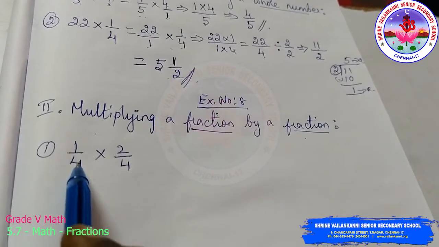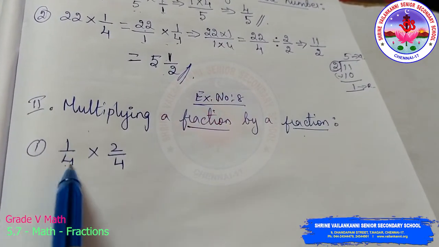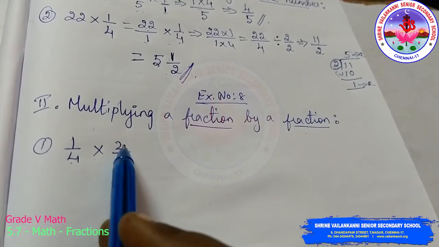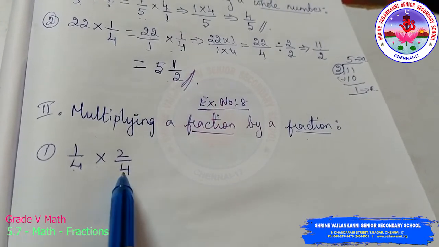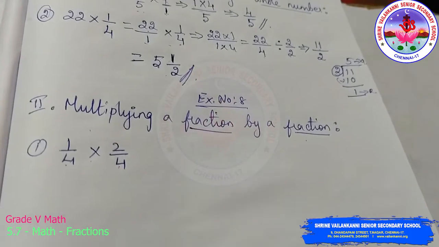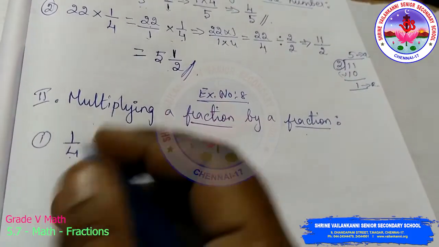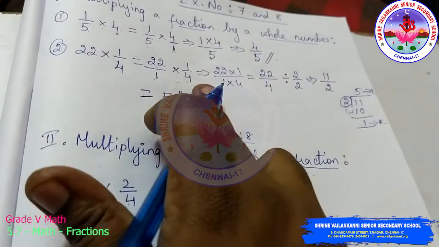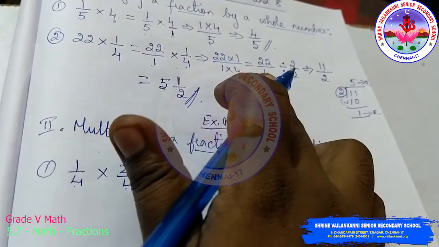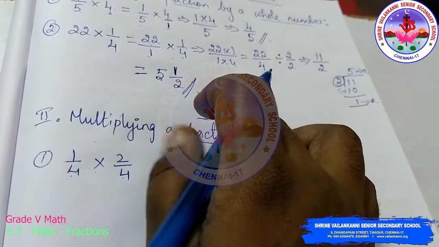If you see here, 1 by 4 is a fraction that is multiplied with another fraction, 2 by 4. Here I am going to show you two kinds of multiplication. One is what I showed you in the 7th exercise: multiplying the numerator and numerator, and the denominator and denominator.